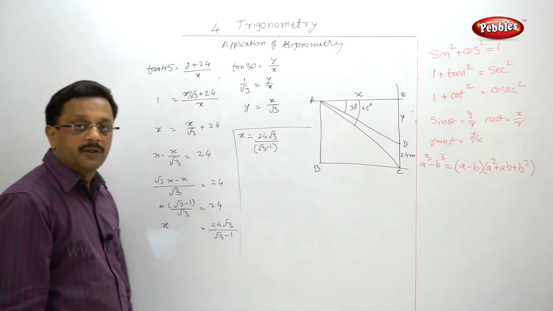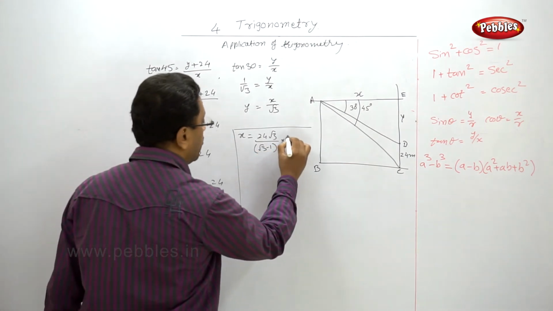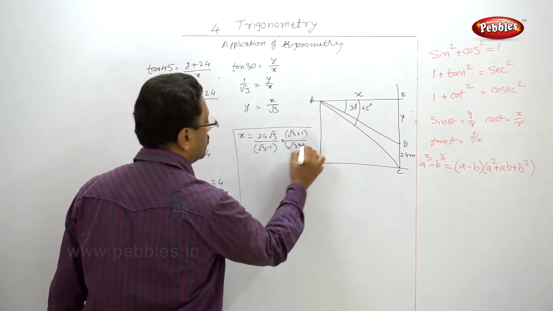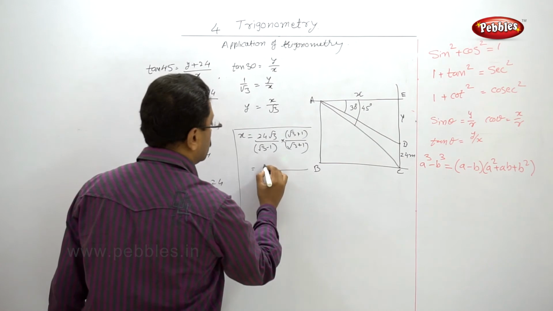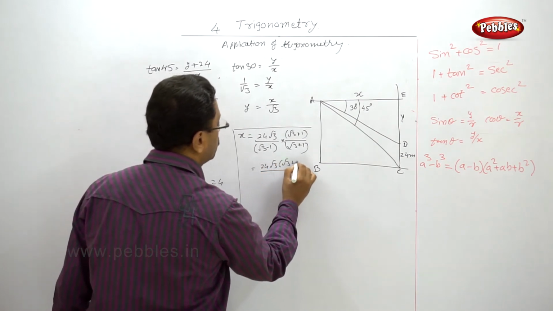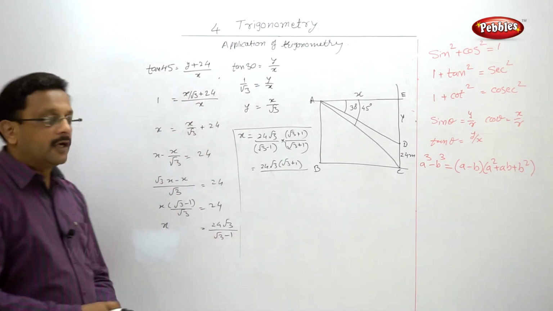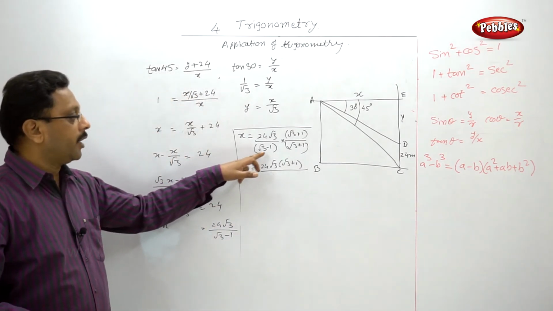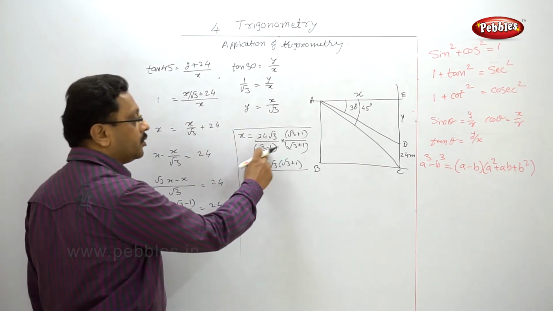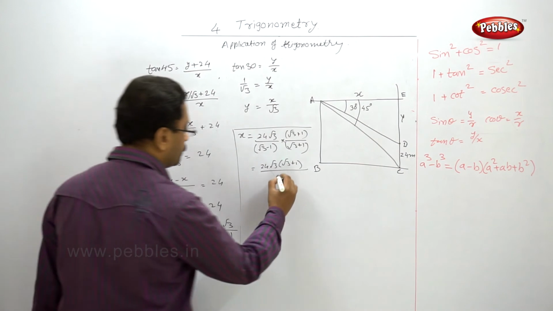We'll try to rationalize, means multiply and divide by root 3 plus 1. So we have here 24 root 3 plus 1, and this is exactly similar to a plus b, a minus b, that is a square minus b square. So we have here 3 minus 1, that is 2.